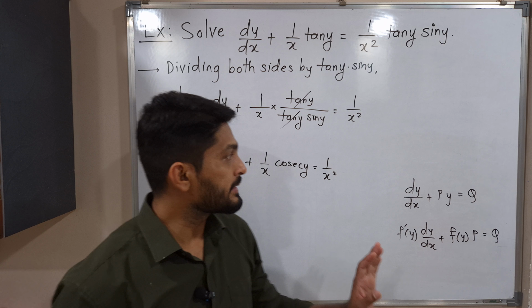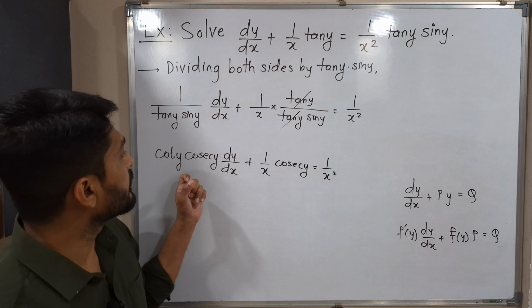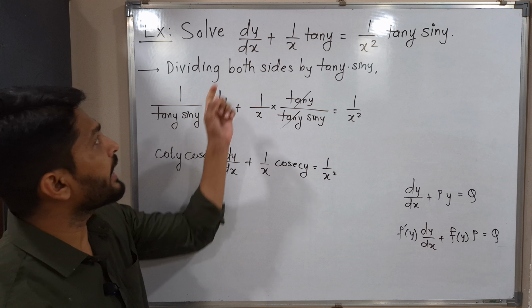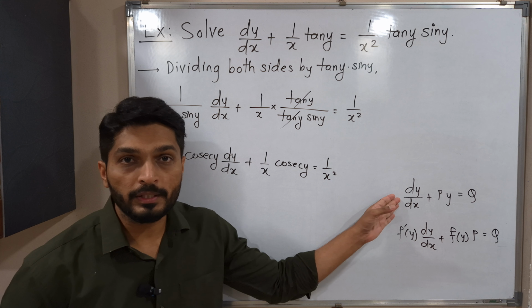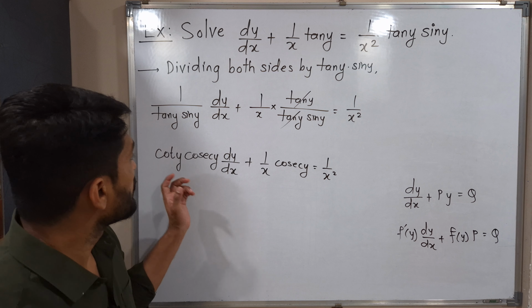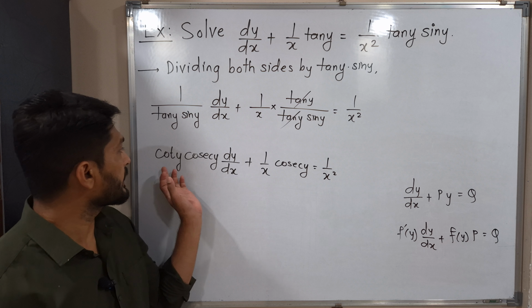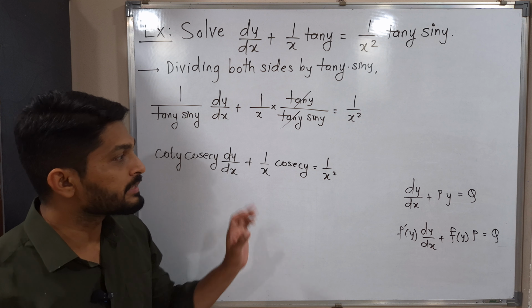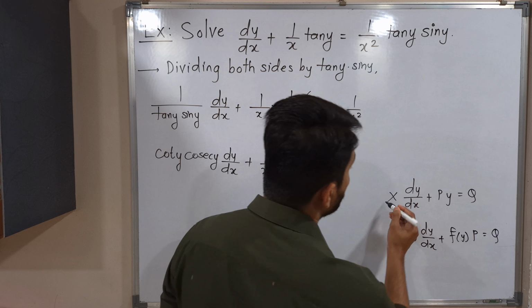Okay, but see, we divided by that tan y sin y and it disturbed the first term. Initially we had just dy by dx, that was okay for us. But when we divided by that term, we got some multiple of dy by dx, that cot y cosec y. That means definitely you cannot convert the given problem in this format.